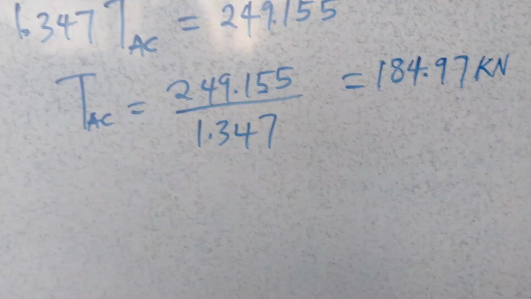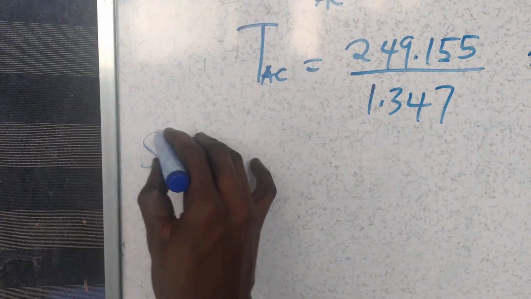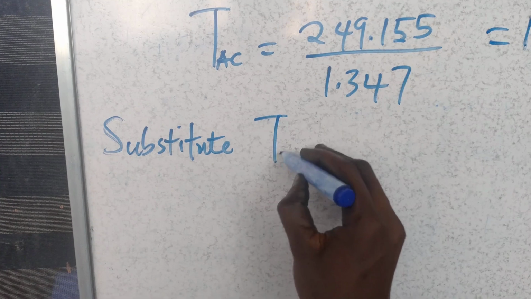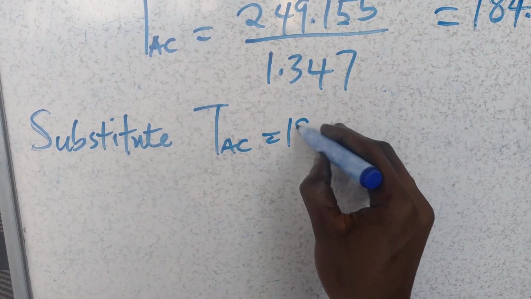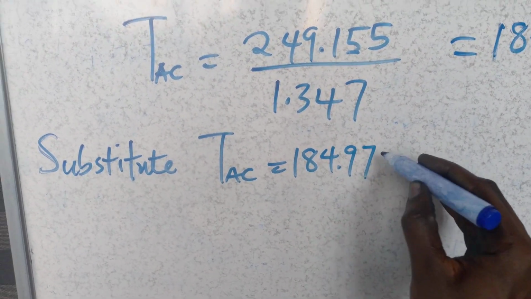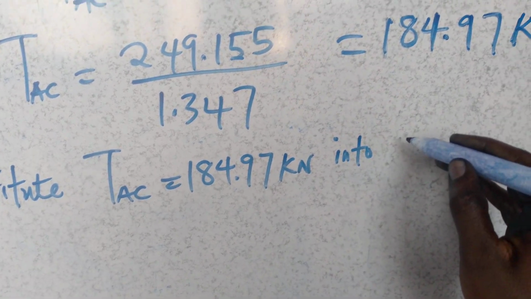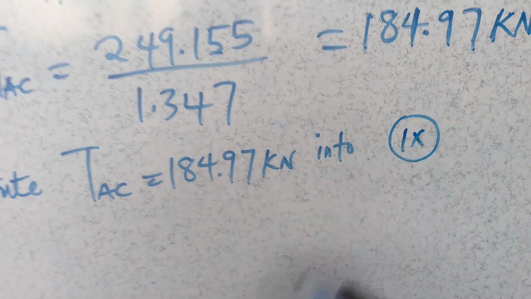All right, then I substitute TAC equal to 184.97 kilonewton into equation 9.